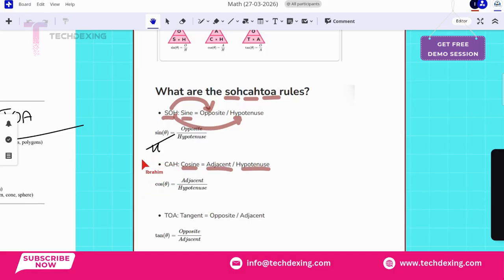In short, cosine theta is equal to adjacent over hypotenuse. And the third one is TOA: T for tangent, O for opposite, and A for adjacent. So tan theta equals opposite over adjacent.